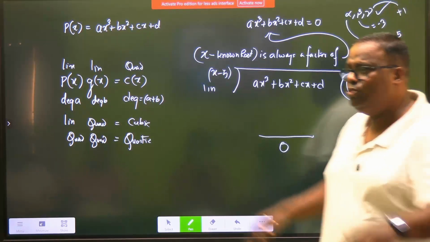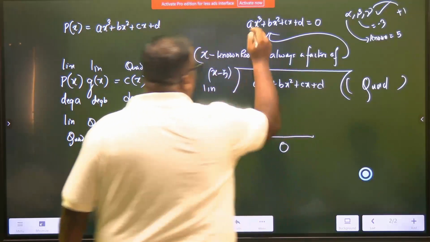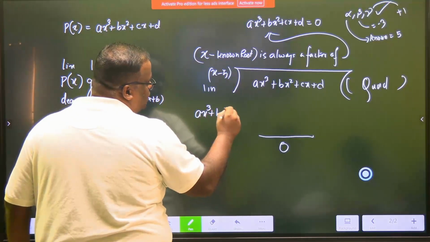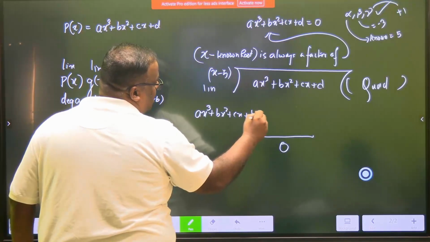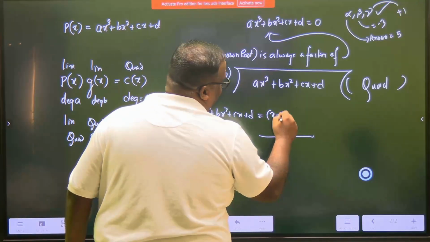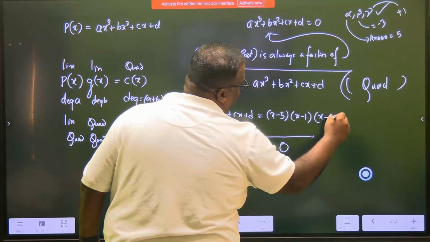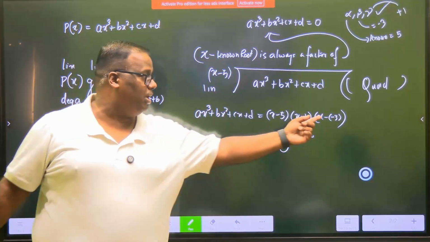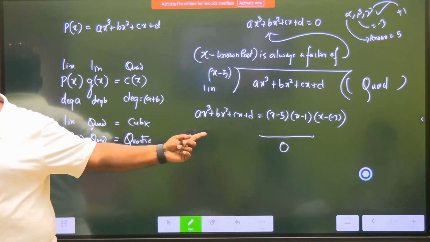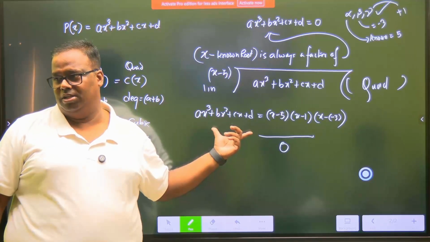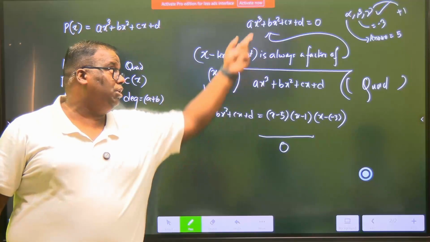In fact, if you know all the 3 roots, then you can write this polynomial ax cube plus bx square plus cx plus d as x minus 5, x minus 1, x minus of minus 3. If you multiply these 3 monomials, you should get this. That is the idea behind the chapter. Our target will be to find roots.